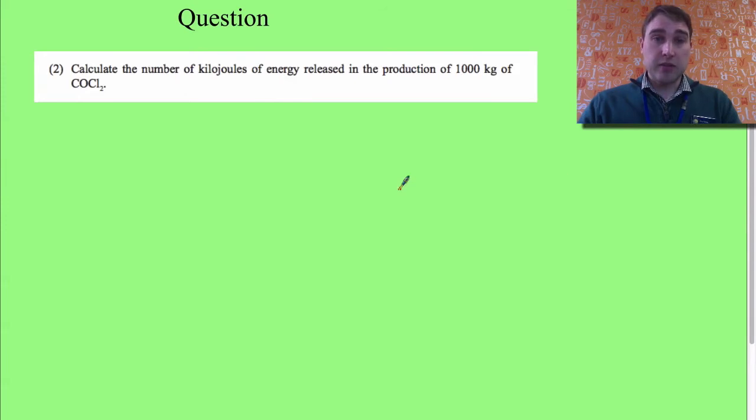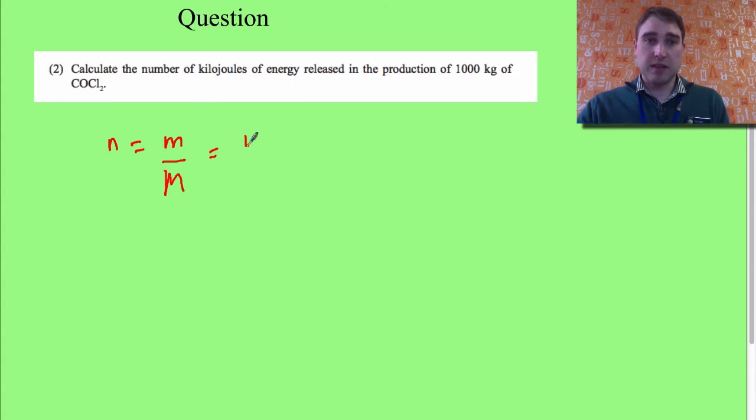Calculate the number of kilojoules of energy released in the production of 1,000 kilograms of COCl2. First thing we need to figure out is how many moles 1,000 kilograms of COCl2 would be. Number equals mass on molar mass. Our mass is 1,000 kilograms, which is 1,000,000 grams.